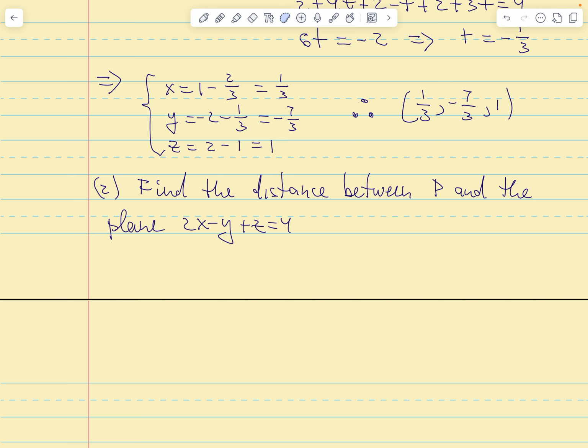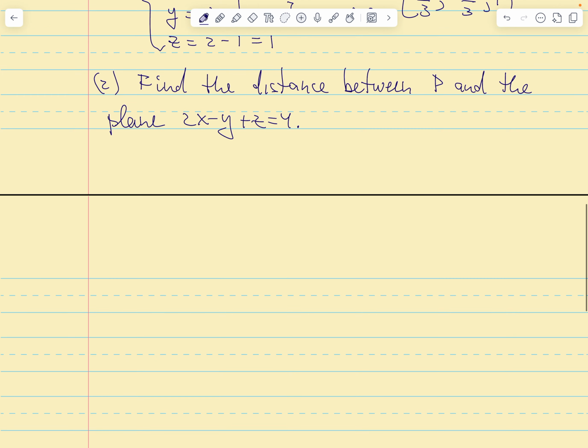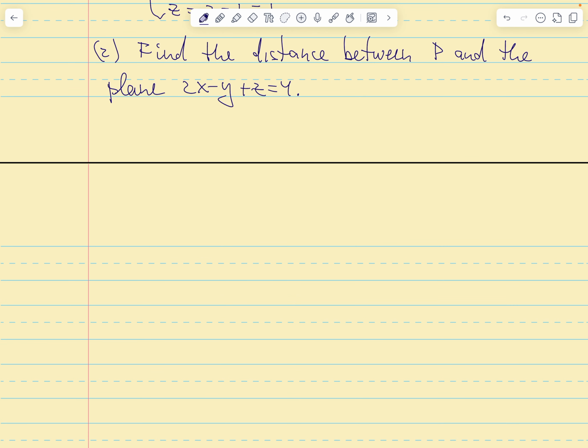And there are a variety of ways of doing it, and one of them is the following. So let's say this is my plane, and this is my point P. If I want to find the distance from P to the plane, I need to drop a perpendicular onto the plane, and then measure the length of that perpendicular.